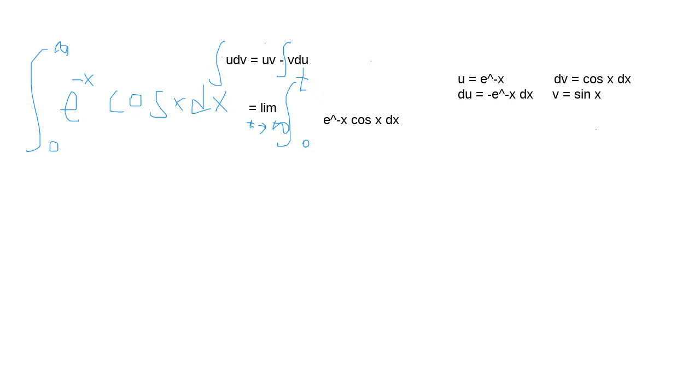So now I can rewrite this using this formula. du is negative e to the negative x, you can see negative 1 over e to the x. So now this whole thing equals the limit.